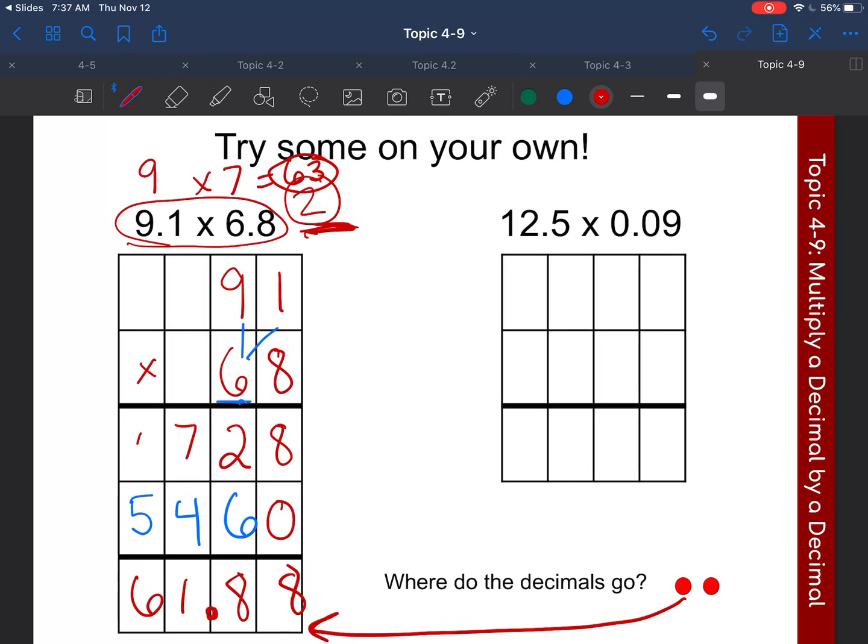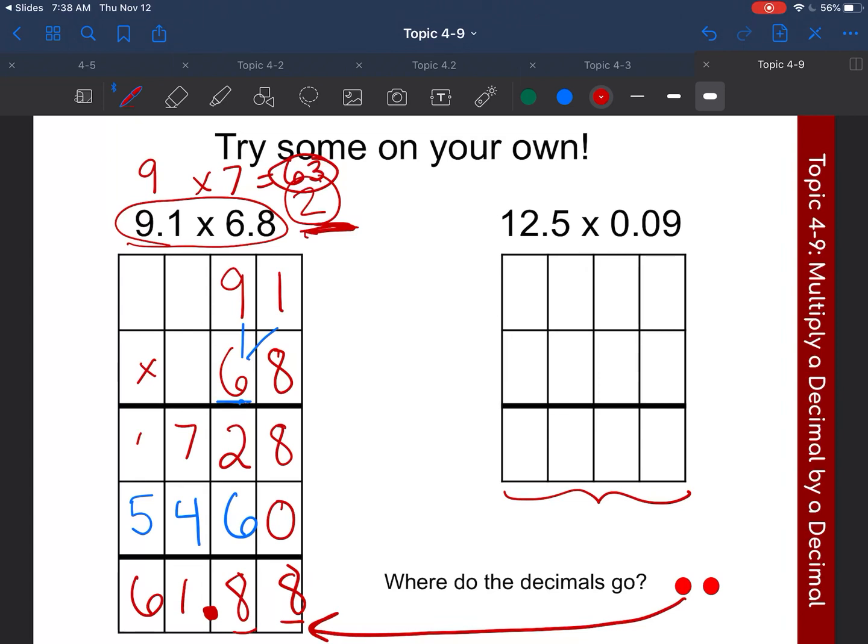The decimal place would go between the 1 and the 8, because 61 is pretty close to 63 and it also has 2 decimal places. Do the next one on your own. Count the decimal places, take out the decimals, multiply, and put it back in. What do you get as your final answer?